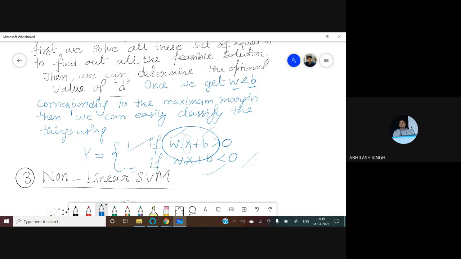So in a nutshell, what does a linear SVM do? It finds the maximum margin hyperplane, the maximum d value. Corresponding to that maximum d, it gives you w and b, the model parameters. Once you get w and b, you can classify.